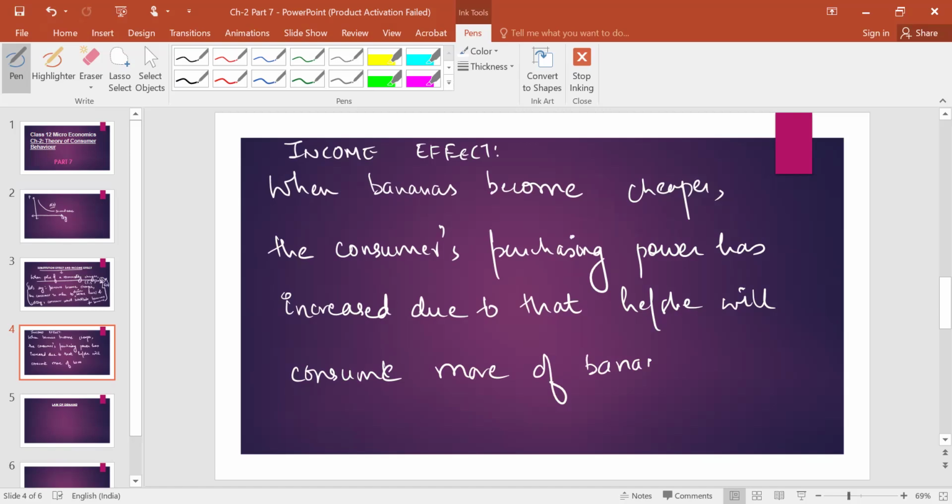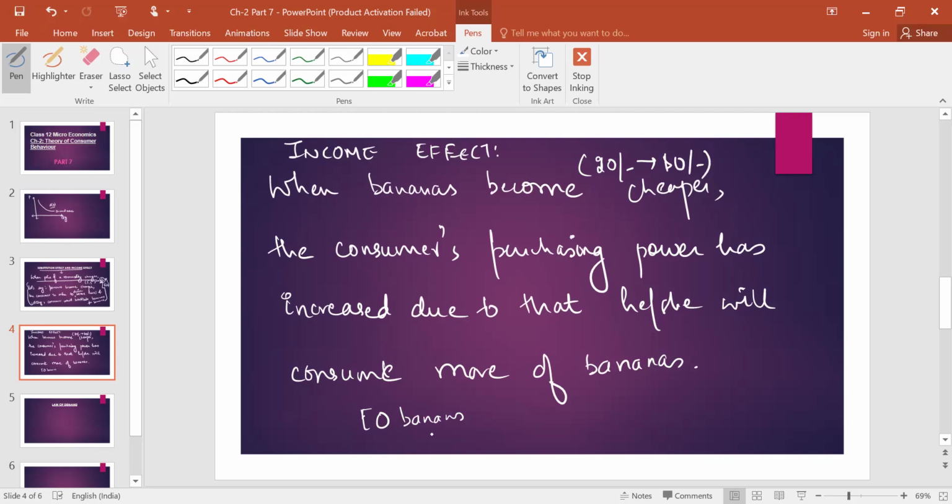Let's say earlier the consumer spends the entire income on bananas, and he was able to consume 10 bananas. Since the bananas have become cheaper, it was earlier 20 rupees, now it has become 10 rupees.